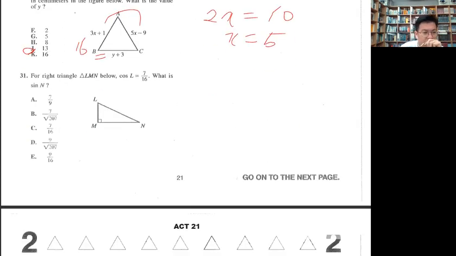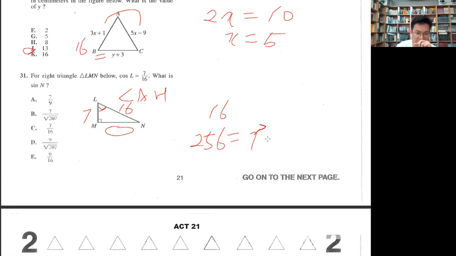What is sine n? From the top, adjacent is 7. Hypotenuse is 16. So we have to get this one with the Pythagorean theorem. 16 squared, which is 256, equals 7 squared, 49, plus x squared. 2, 4, 7.